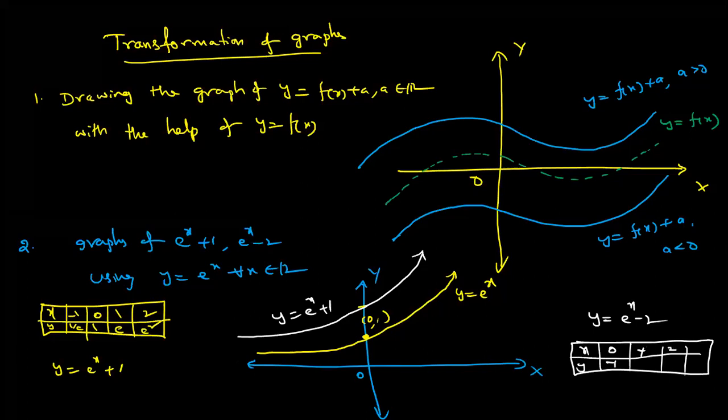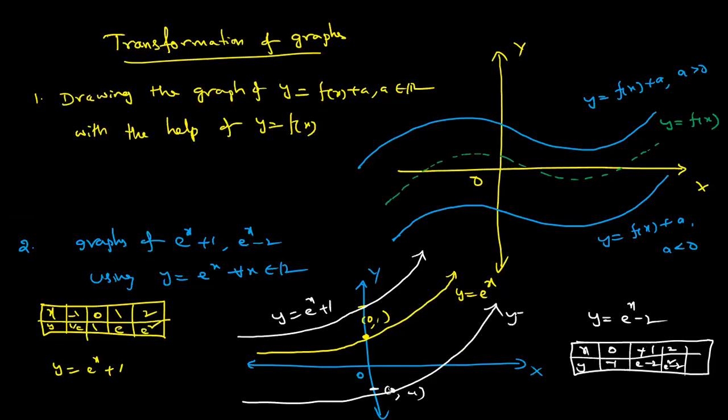For 1 it is e minus 2, e square minus 2. Anyhow, that is also strictly increasing, but some terms are coming below the x-axis. Passing through 0 comma minus 1. So this graph is coming like this, y is equal to e power x minus 2. Slowly, slowly, you can get the idea. Practice is required. Draw the pictures.